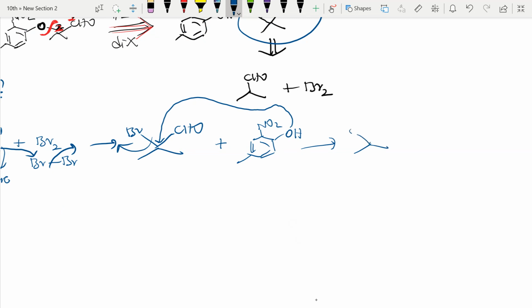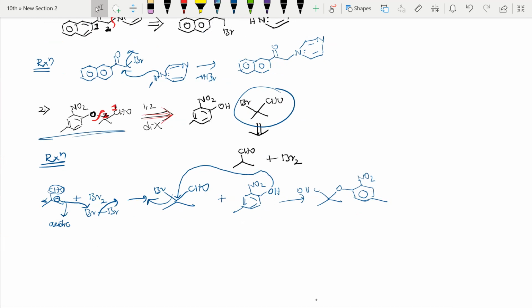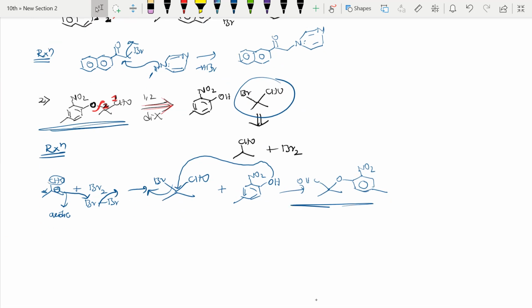So here let me write CHO, no problem, and here oxygen, and this is the benzene ring, and here NO2, and para to this oxygen, one methyl group is there on the benzene ring. I hope this was our starting material, right? This is the same starting material. I can rearrange, and if I write like this also, it is understood. Both are the same. Para position oxygen, ortho position NO2, and here CHO.